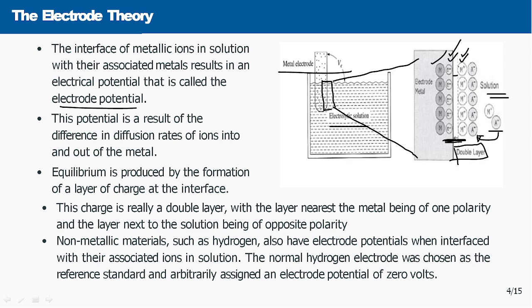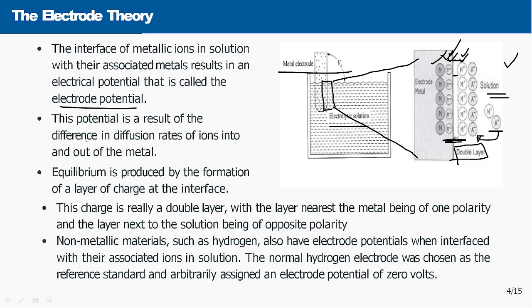Due to this charge separation and accumulation of charges, a potential difference is created at the electrode and inside the electrolyte. This arrangement of the ion interface is called a double layer.